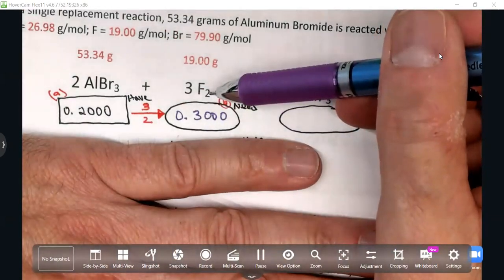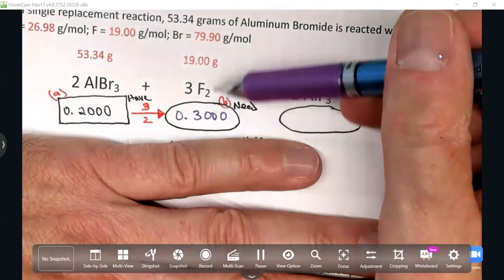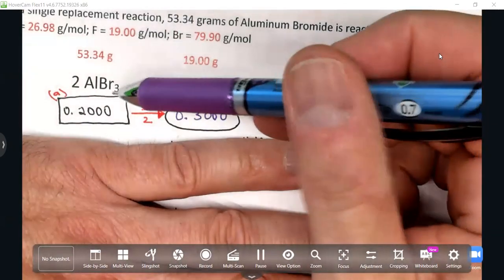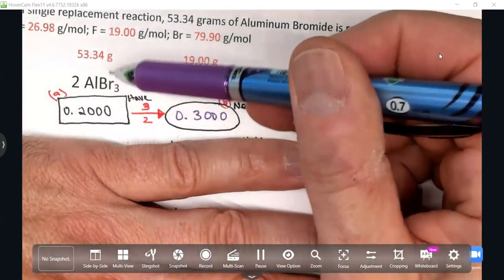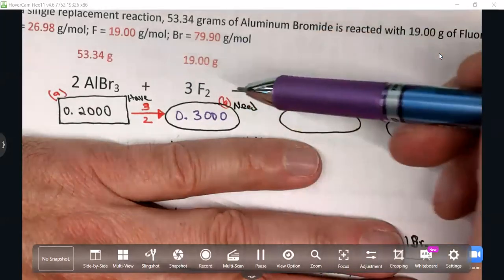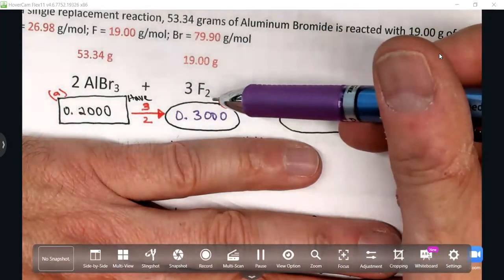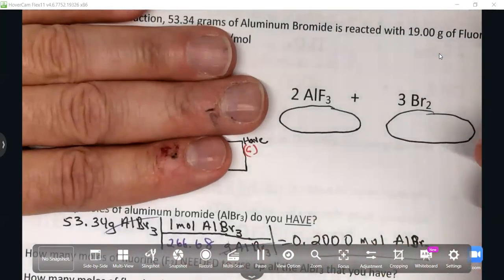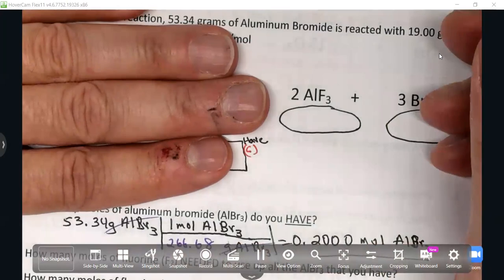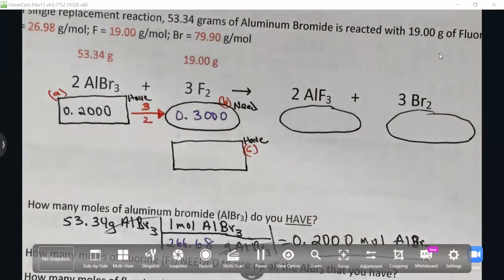We don't know how many grams that is yet, but if we have 0.2 moles of aluminum bromide, which is 53.34 grams, and we have 0.3 moles of fluorine, then there is nothing left over. Everything's used up.